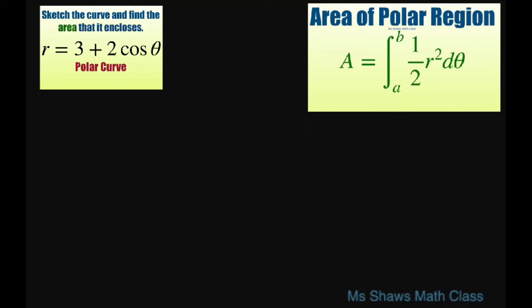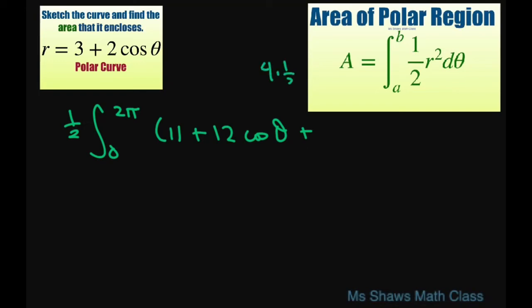So let's simplify all this. We're going to get the integral from 0 to 2 pi of 11 plus 12 cosine of theta, and then we multiplied through by 2 because we had that 4 times 1/2, so that's going to be 2 cosine of 2 theta, d theta.